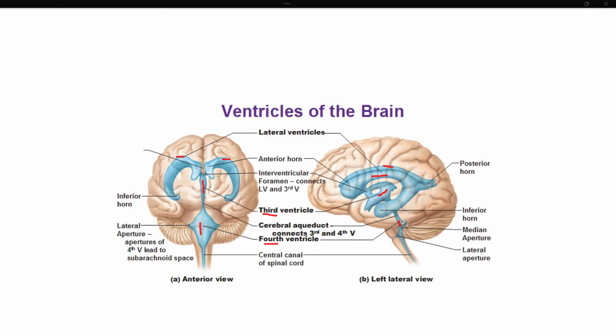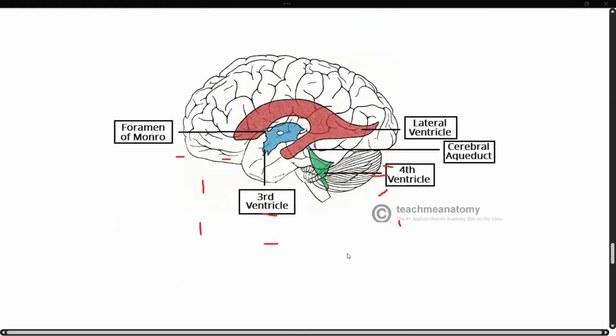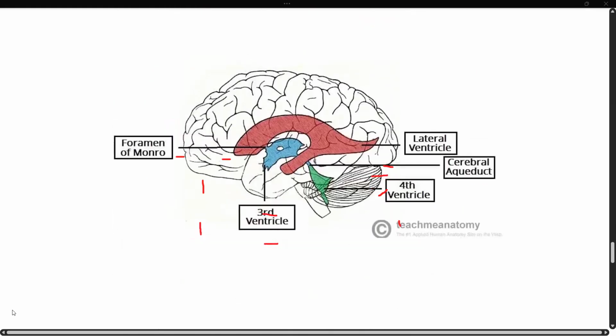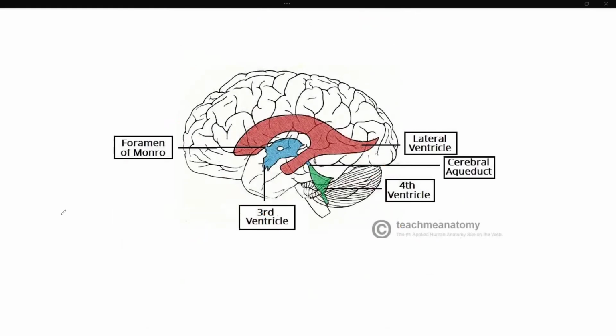Right there, very easy. Alright, let's move on to the next diagram. But before that, I have to clear all drawings. Okay. So now we know our 4 ventricles.